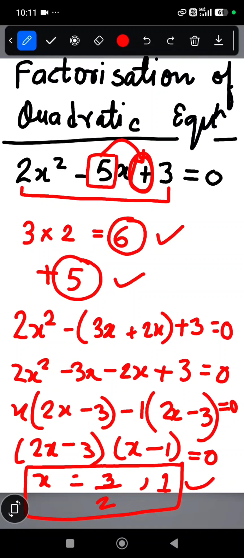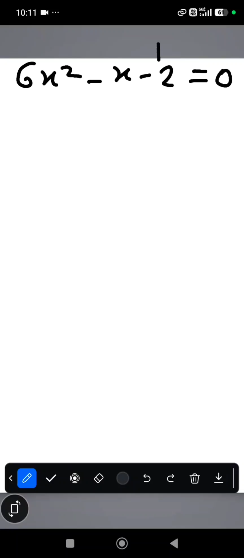Okay, next example. I am writing 6x² minus x minus 2 equals 0. So 6 twos are 12, and the minus sign will decide whether we have to add or subtract.